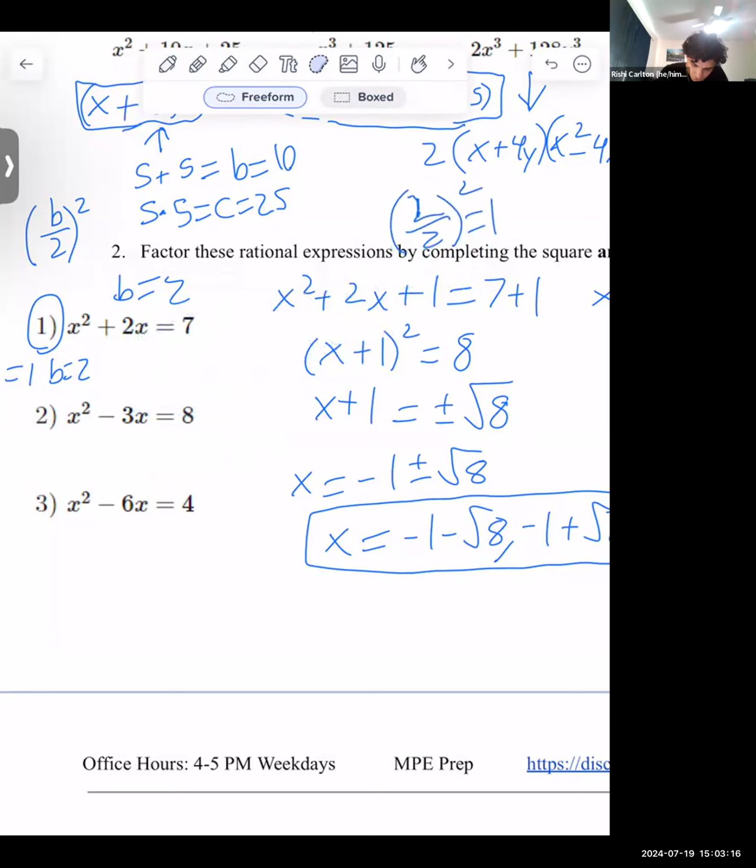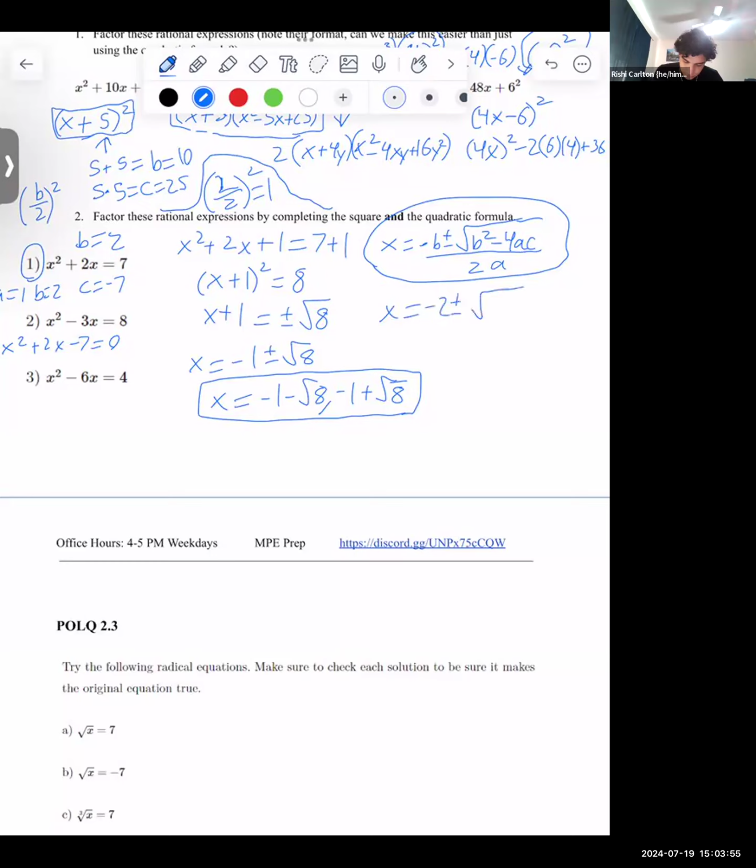You get x equals -2 plus or minus the square root of 2 squared minus 4 times 1 times -7, all over 2 times 1. We just carry through with our algebra.